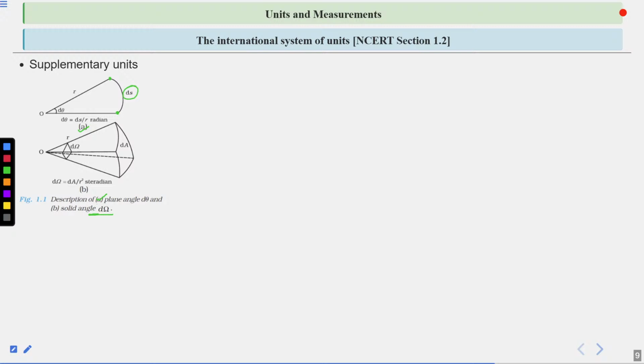Second is d omega. d omega is equal to dA divided by r square. This is a solid angle. If we talk about the cone, this is a solid angle. It is denoted by d omega, and its unit is steradian. Steradian is the unit of solid angle.